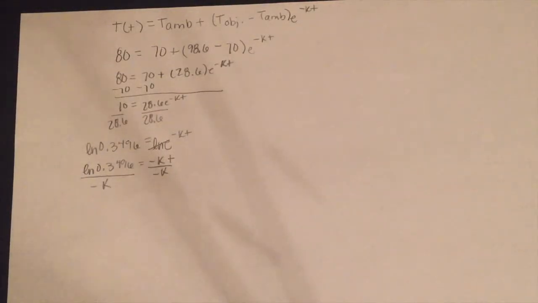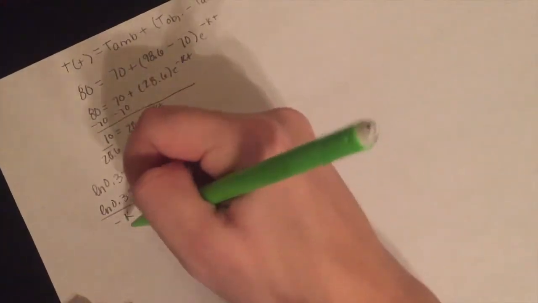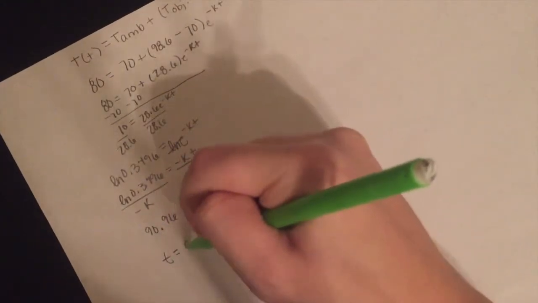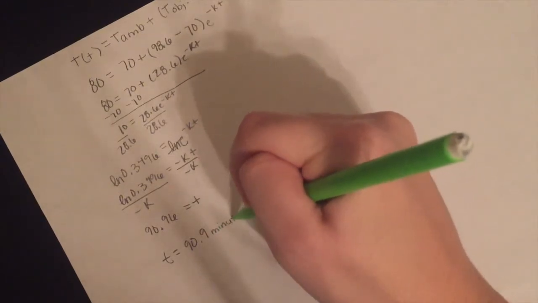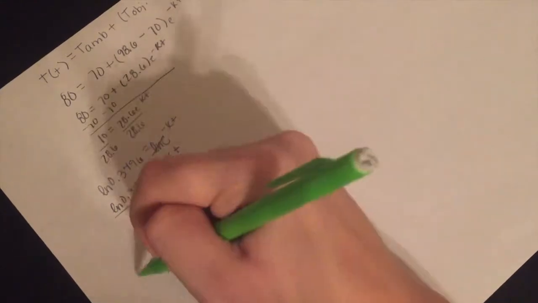If we divide each side by negative k, then that is going to equal 90.96. It's going to equal the time. So that's how many minutes elapsed, which is about an hour and a half. If we round that to the tenth, it's going to be t equals 90.9. We'll go ahead and label it as minutes. That's the time elapsed, so this is the second answer.